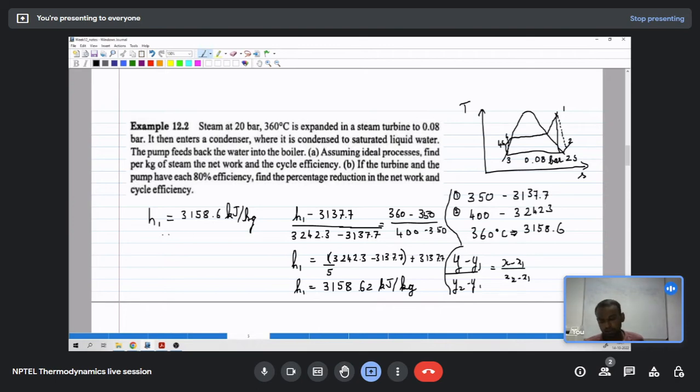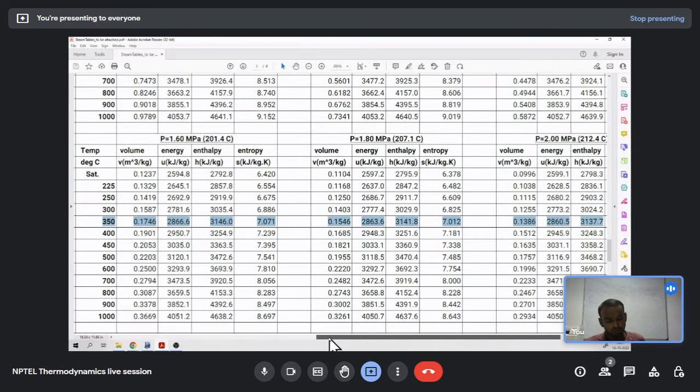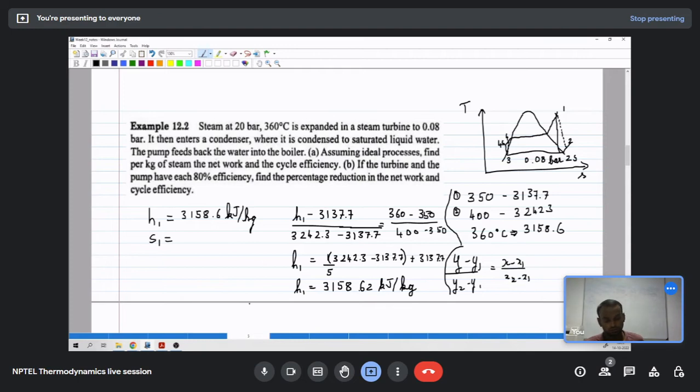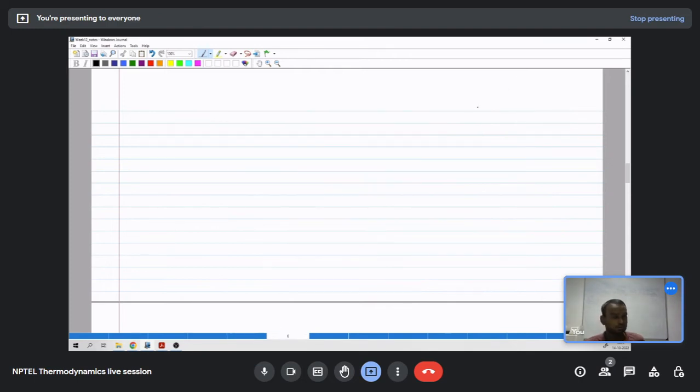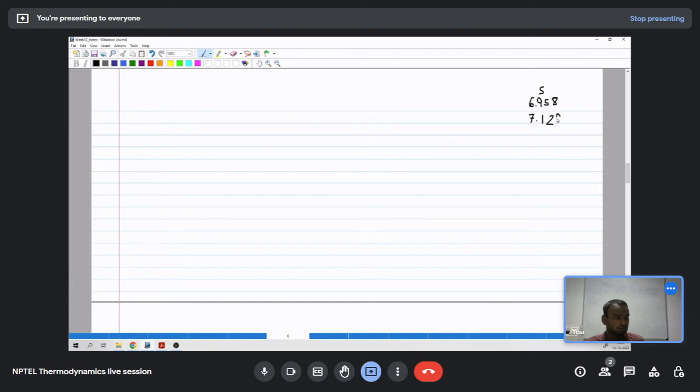And we can calculate the entropy at the first state also. For entropy we have 6.958 and 7.129. This is at 350 degrees Celsius and this is at 400 degrees Celsius.